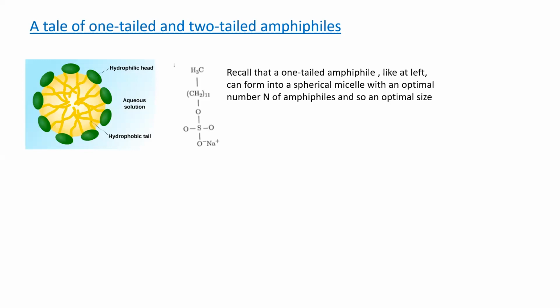Remember that a one-tailed amphiphile, like the one at left here, which is called SDS, which has a hydrophobic tail and a hydrophilic head, can form into a spherical micelle with an optimal number n of amphiphiles in it. And so with an optimal number n of amphiphiles, it would have an optimal size.